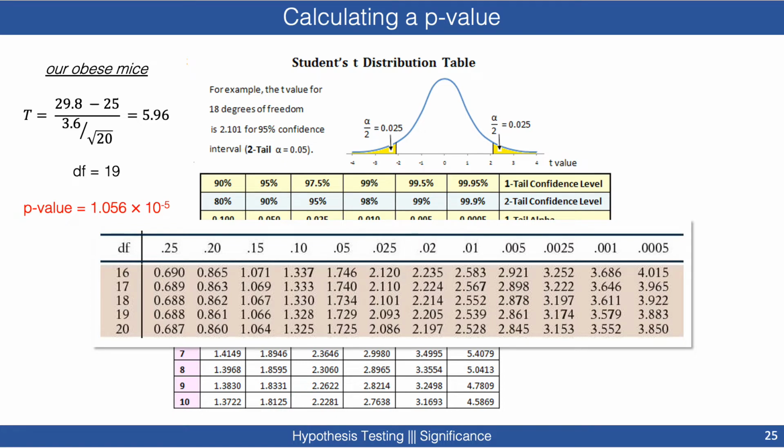And indeed, the probability of observing a 5.96 on a t distribution of 19 degrees of freedom is about 10 to the minus 5, so we can comfortably reject the null hypothesis for our case.